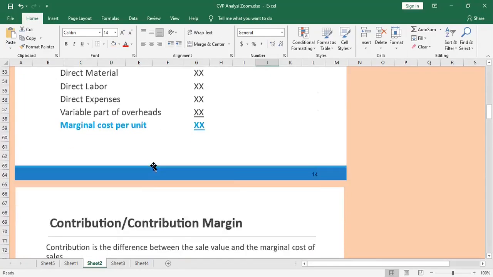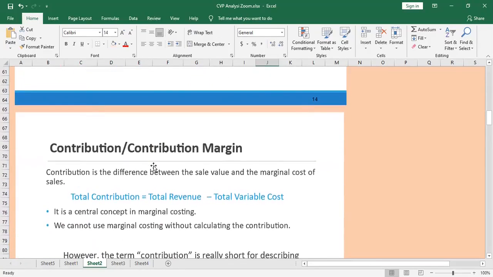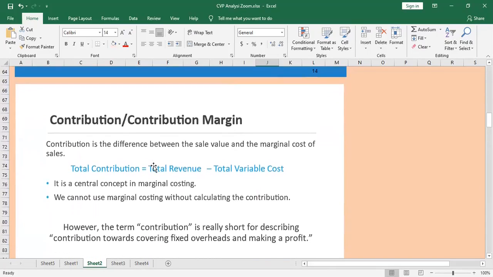Right. Then we have a big word, that is contribution. This word is always there when it comes to CVP analysis. So contribution is actually the difference between the sales value, the revenue, and the variable cost. Now, as I explained, total cost is equal to variable cost plus fixed cost. But how do you calculate contribution?